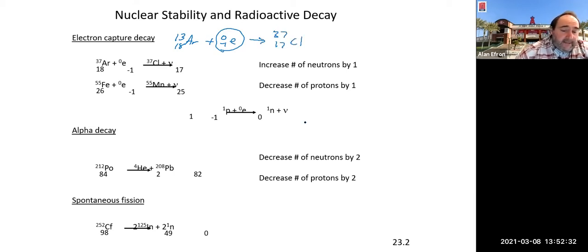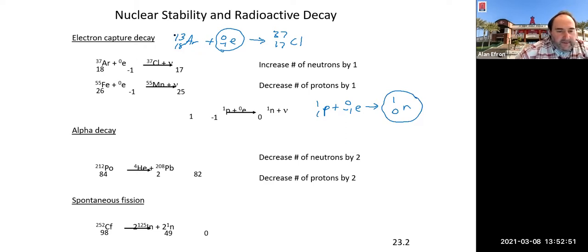What's happening in this case is we're going to take a proton and add an electron to it. If you add up the numbers, you end up with a 1 and a 0. That's going to create a neutron.